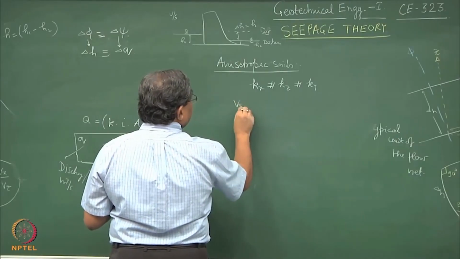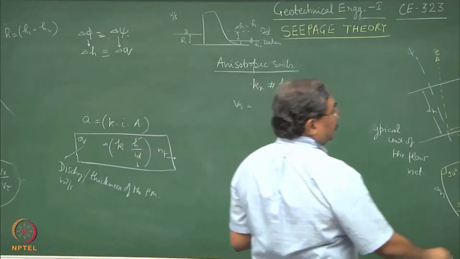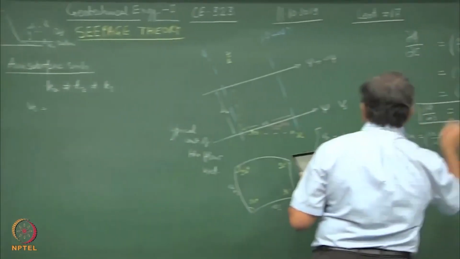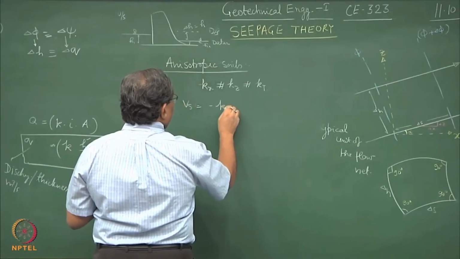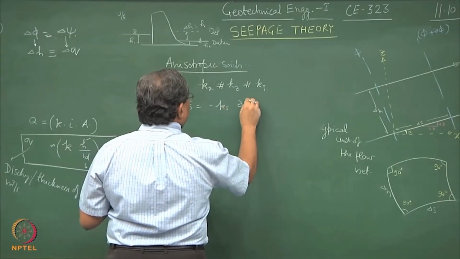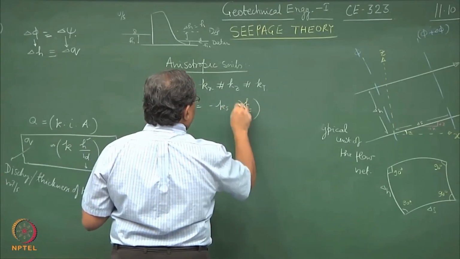I can say V s, this V s equal to minus k s into del h upon del s.